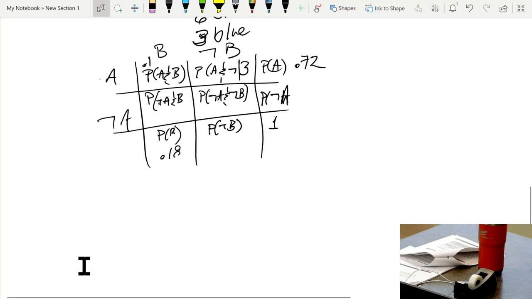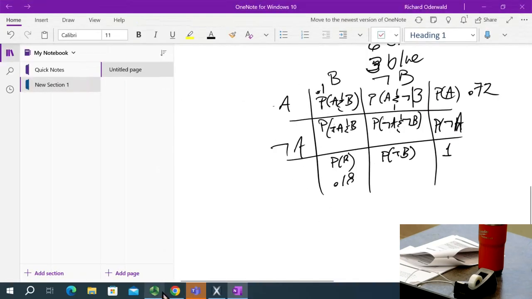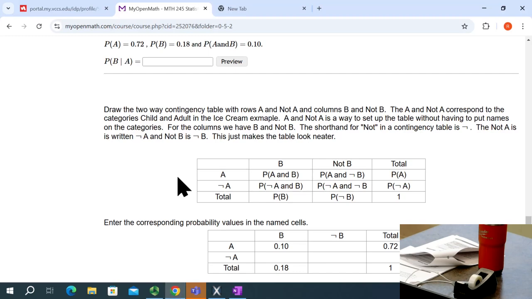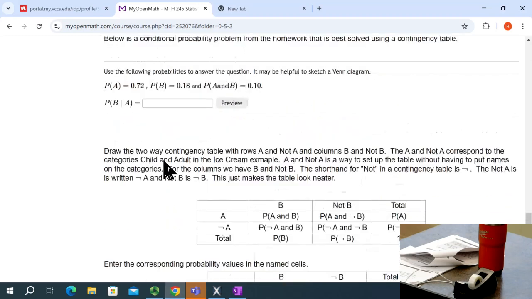Right, so all this is a way to confuse you by making the table weird. What's the probability of B? I think that's the problem. B given A. What was it? Here it is. Probability of B given A.